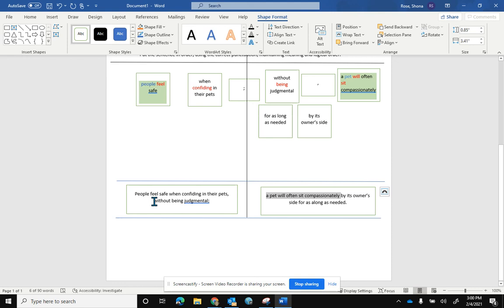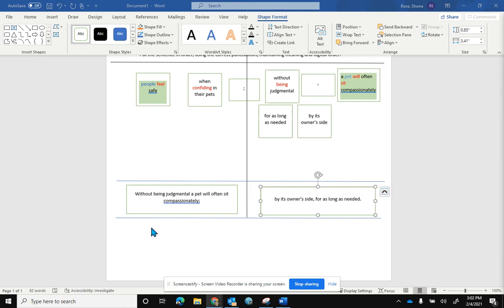And look at this right here. Who's being judgmental? The pets or people? The people feel safe without being judgmental? That doesn't make any sense. It's the pets that are not judgmental. So this one is not correct. We call this a misplaced modifier. Without being judgmental does not belong with this dependent clause, independent clause.